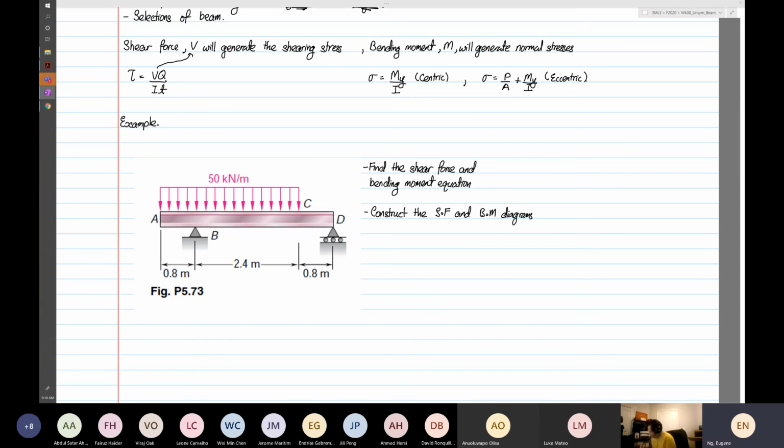Then from here we are going to select the beams, select the beams based on bending moment loading only. For now, we're just going to focus on bending moment only when selecting the beams.